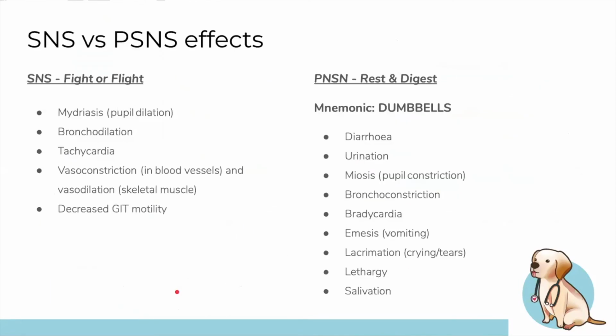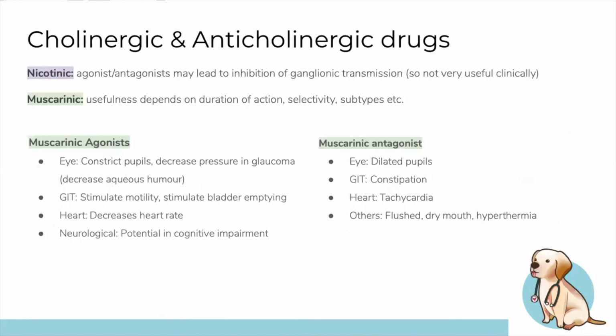So we usually go straight for the muscarinic agonists and antagonists. Agonists stimulate activity, and antagonists are going to inhibit the activity. So basically with agonists, just think you're going to get PSNS or parasympathetic effects. With antagonists, you're going to get sympathetic effects. So everything that's written here basically reflects that.